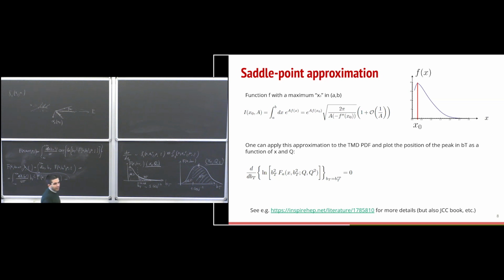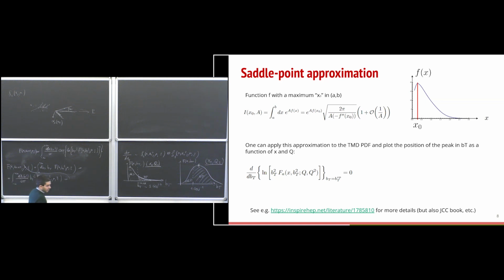You can find maxima or minima, but we will have one stationary point here. So what you have to do is to calculate the derivative of the equivalent of the function f, so whatever is inside of the exponential. And you see that it's precisely the equation that you have here. It's the derivative with respect to the log of bt squared, this variable here, of the log of bt times f. But since the saddle point will be different from 0, you can show that it's equivalent to calculating the derivative with respect to bt.